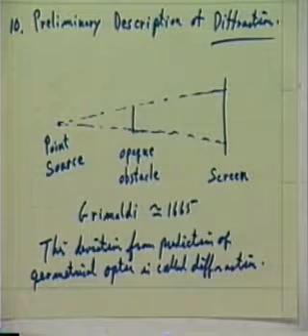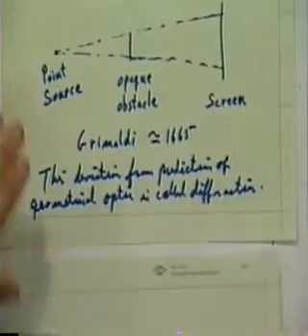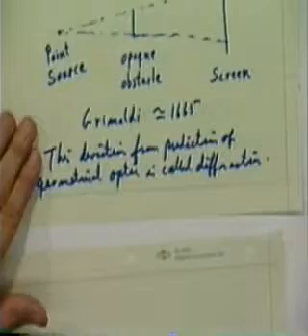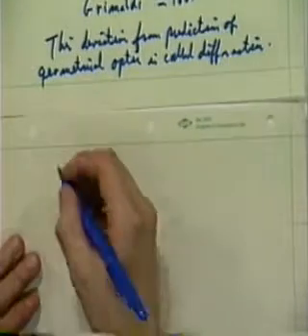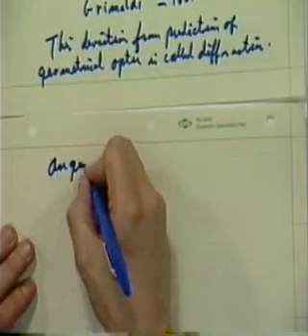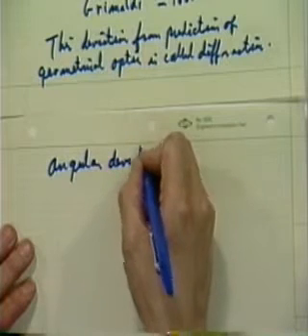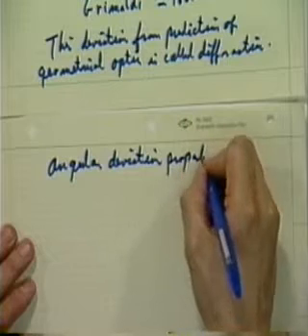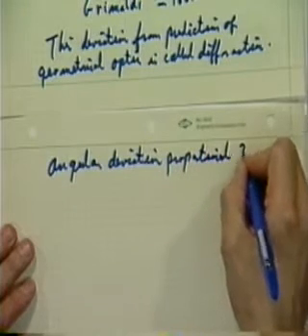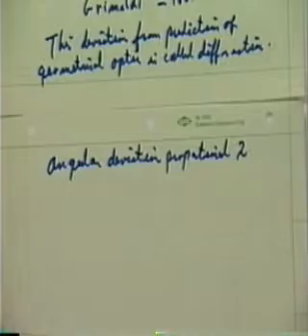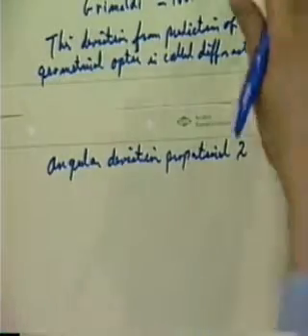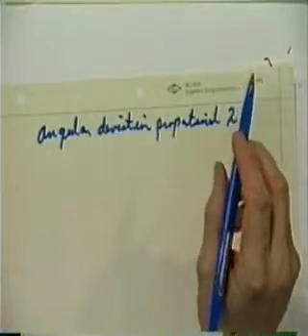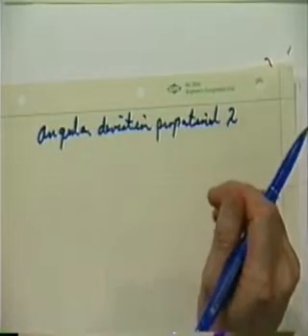And as we go through this, what we're going to find out is that this angular deviation here is proportional to wavelength, it will turn out. And so for light, the wavelength is pretty small, and so these diffraction effects are fairly small, much less than what you'd have, say, for microwaves.